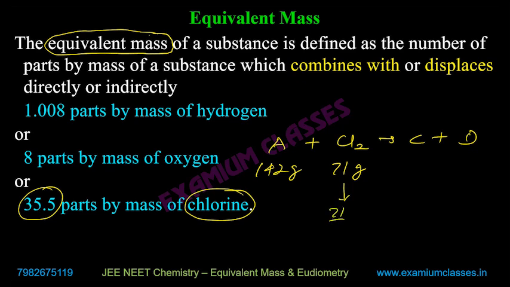How we do that? 71 divided by 2, 35.5. And here also we will divide 142 by 2. We will get 71. So it means the equivalent mass of A will be 71. If it would have been 200, the equivalent mass of it would have been 100. So equivalent to 35.5, whatever mass we get, that is equivalent mass.